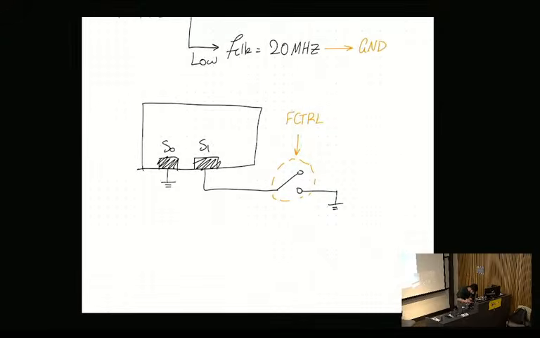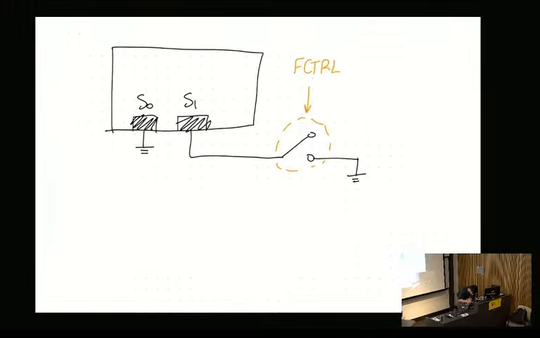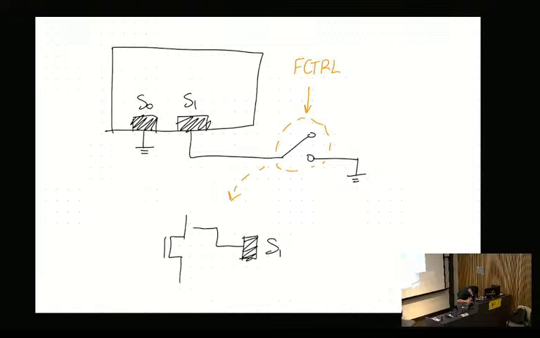So what this then looks like is, to S1, we need some sort of NMOS, with VDD and ground.